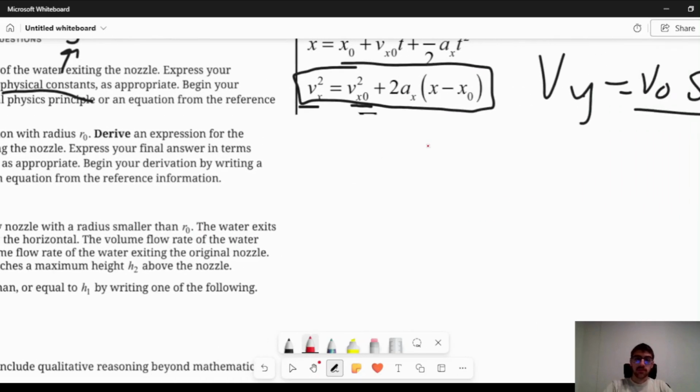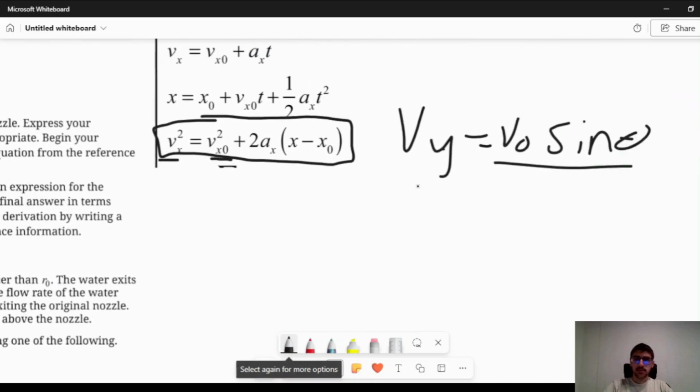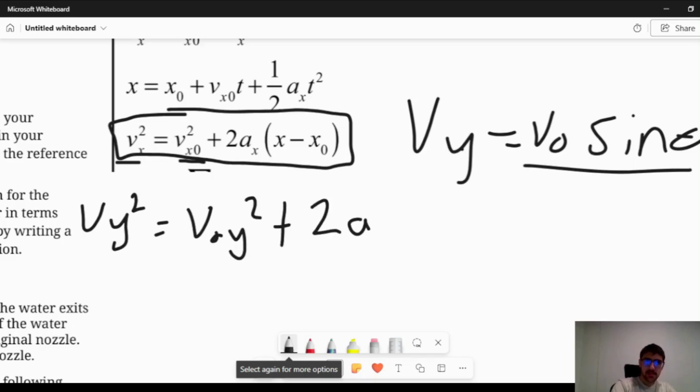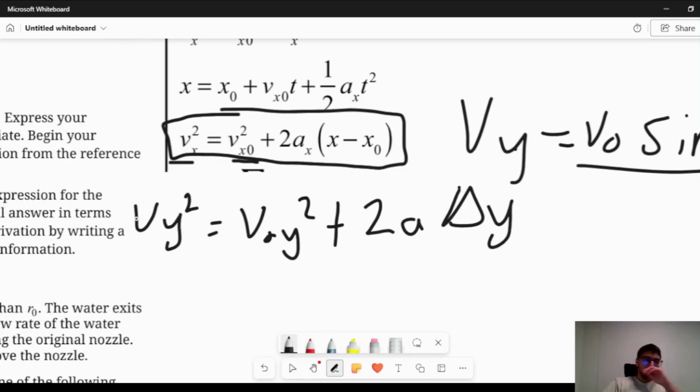So what the equation is going to be now is, let me zoom in, Vy squared equals V0y squared plus 2a delta y. Like I said, V final, we're going to take at the max height, so V final is going to be 0. 0 squared is 0.